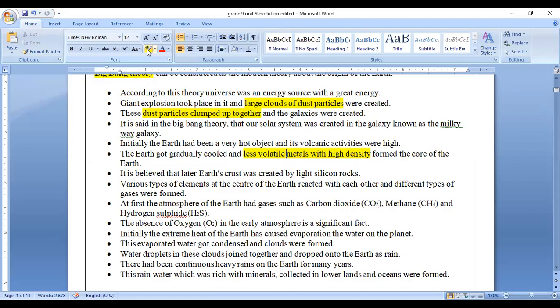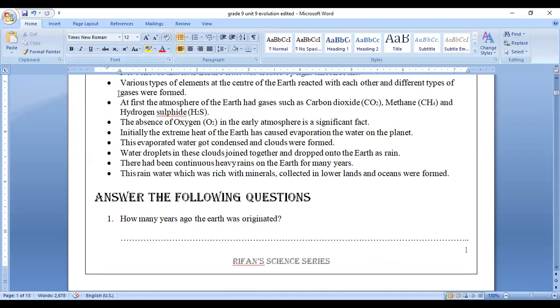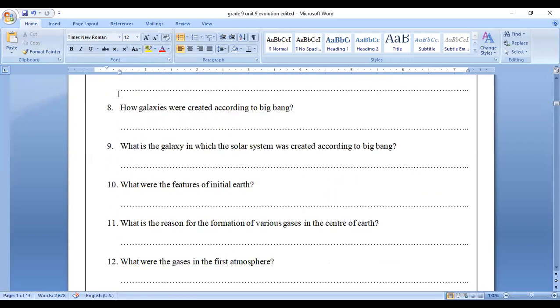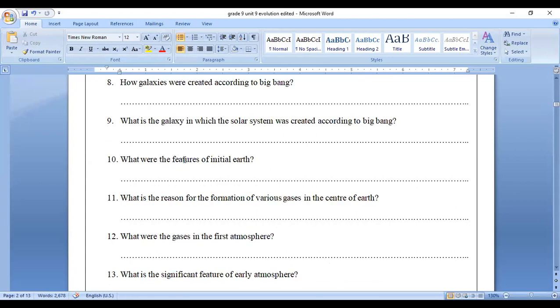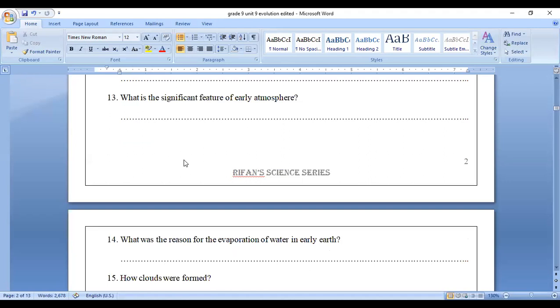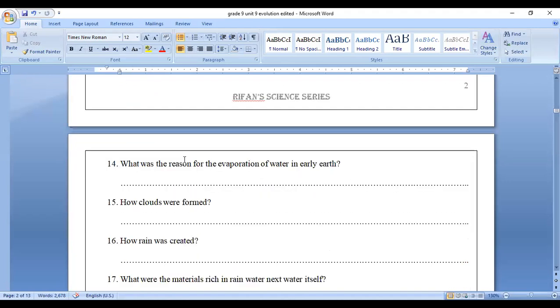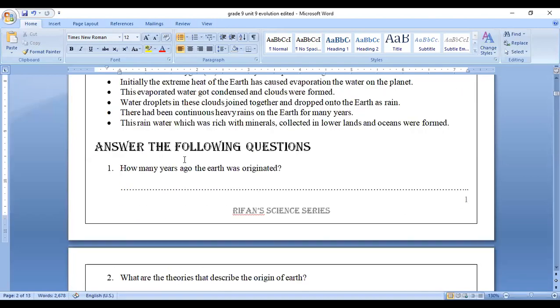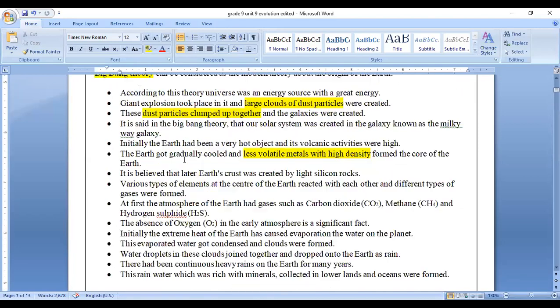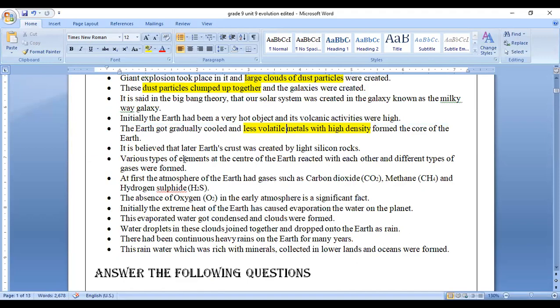That kind of metals are still found in the center of the Earth. Are you clear? Yes, sir. Right. So how do you call the center of the Earth? Core. So what were the materials making the core of the Earth? Less volatile metals with high density.